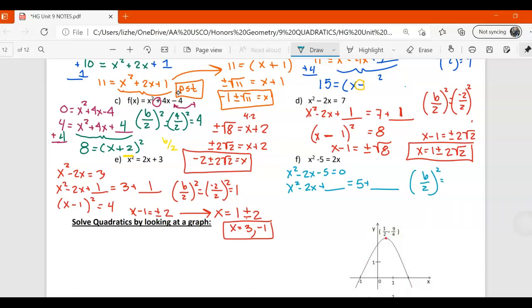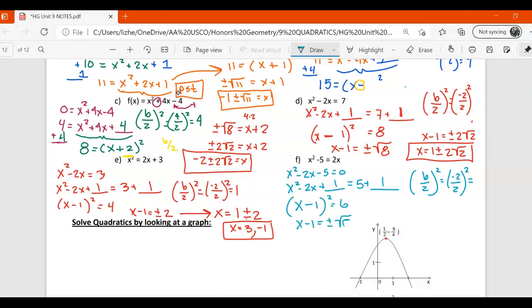So negative 2 is b. And again, I have the 1 squared, which is 1. So I have x minus 1 squared equals 6. Square root both sides, plus or minus the square root of 6, and add 1. 1 plus or minus the square root of 6. There's my answer. So that's completing the square.